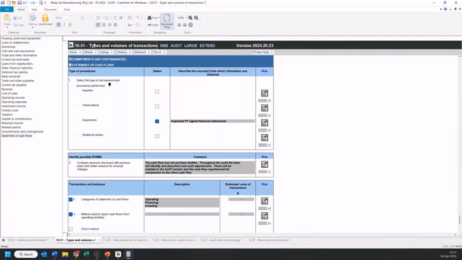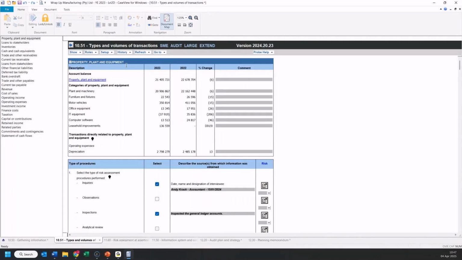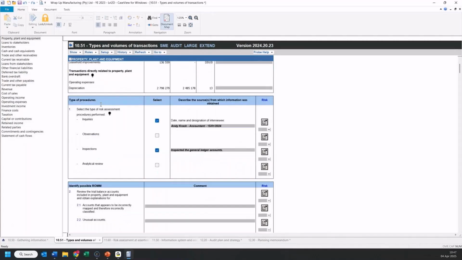Right, 1051, types and volumes of transactions. A reminder that right at the top, you'll see that we chose to document the types of procedures that we performed as part of risk assessment procedures for each of the sections.